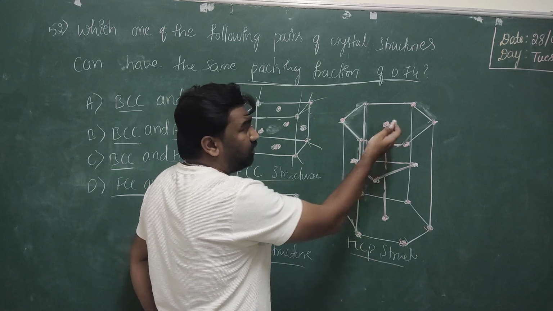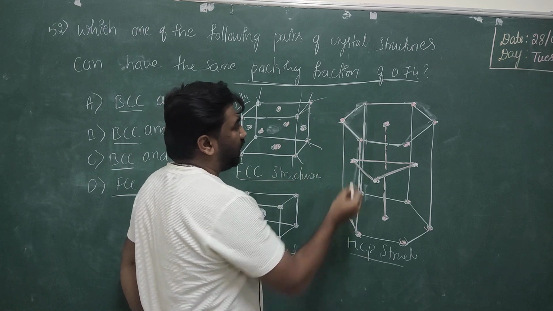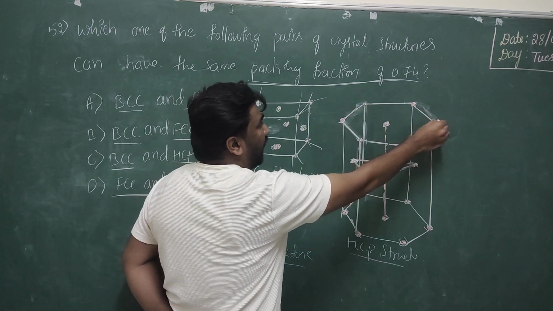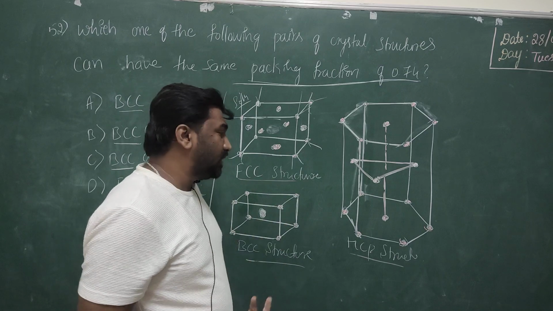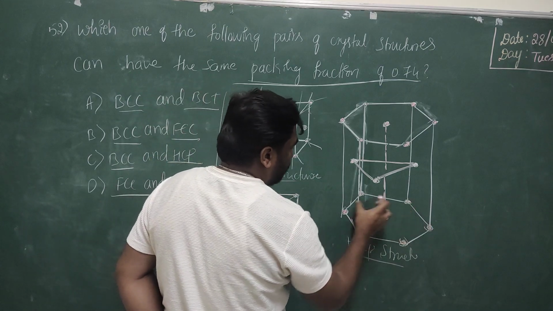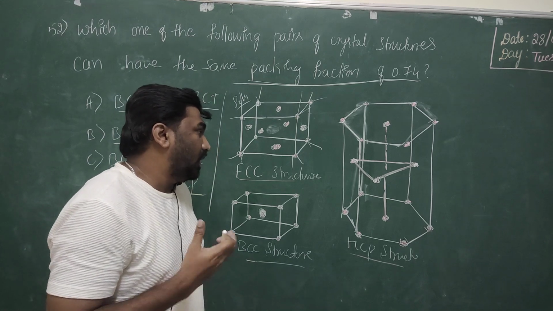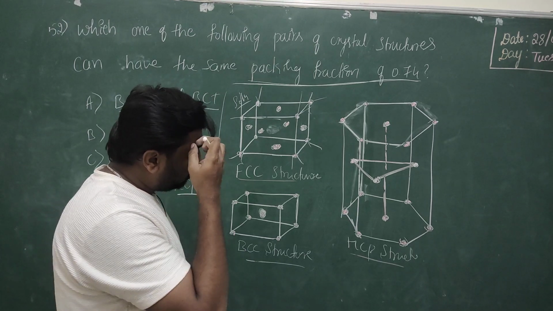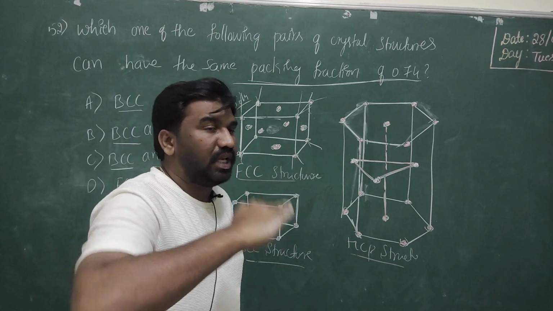This lattice is shared with one more surface, and these 6 lattice points are shared with other 6 unit cells, and here also these 6 lattice points are shared with another 6 unit cells, and this is shared with only one other surface below here.